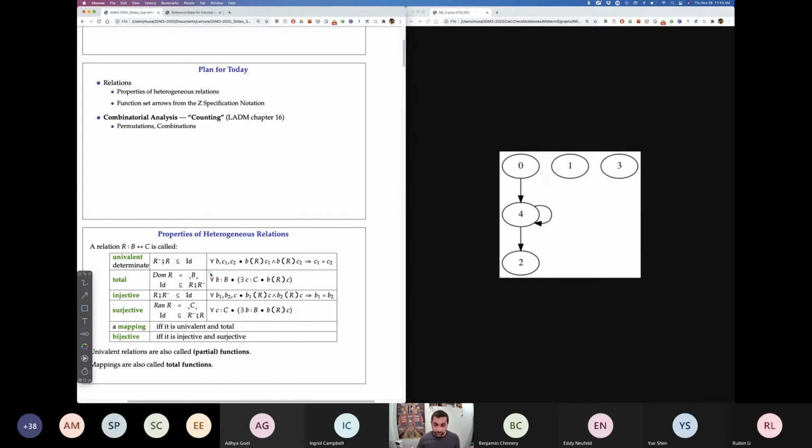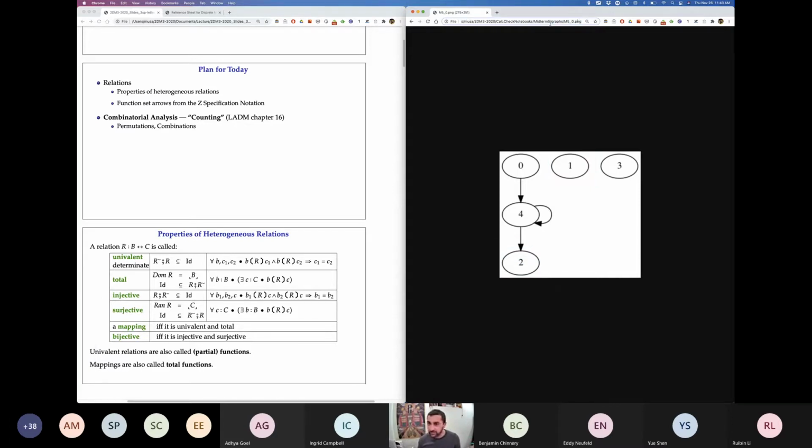Total means for every B, there's a C that it goes to. So total means every node goes somewhere. Is this total? No, because again, 1 doesn't go anywhere, and 2 doesn't go anywhere.